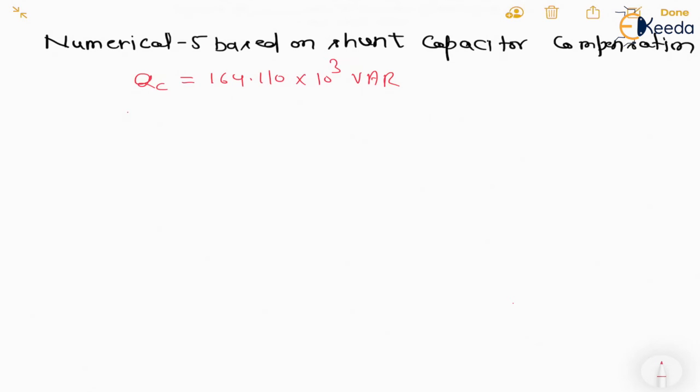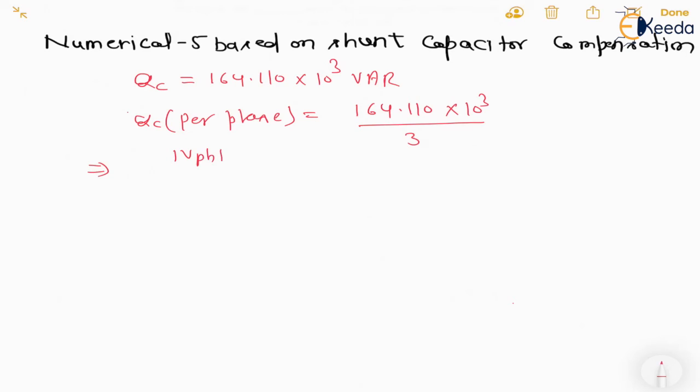So we can write QC per phase as VPH square upon XC per phase for star, equal to 164.110 into 10 to the power 3 upon 3.